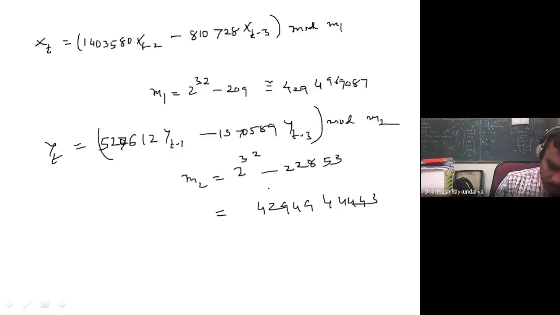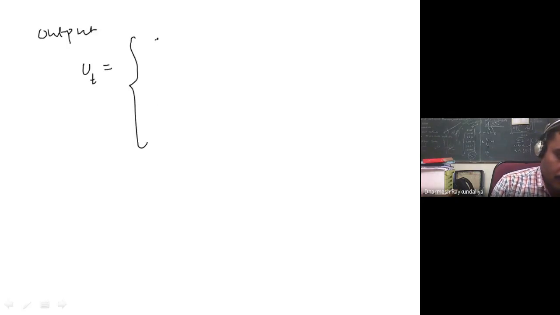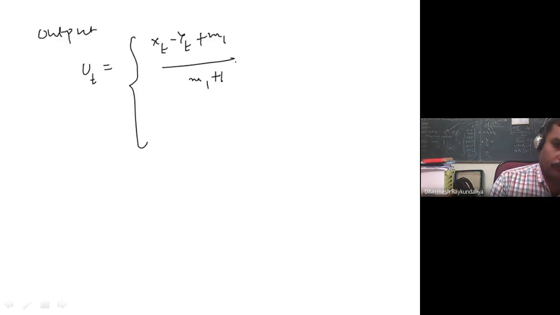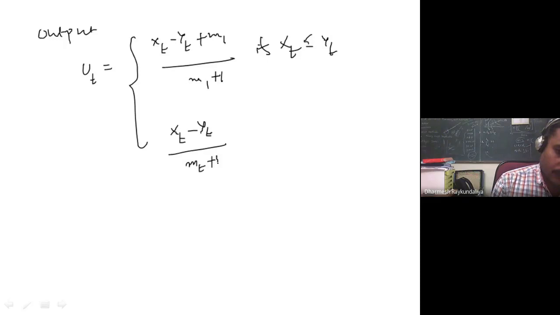So he has used these two generators and given the output function ut equal to xt minus yt plus m1 upon m1 plus 1 if xt is less than or equal to yt, or xt minus yt upon m1 plus 1 if xt is greater than yt.